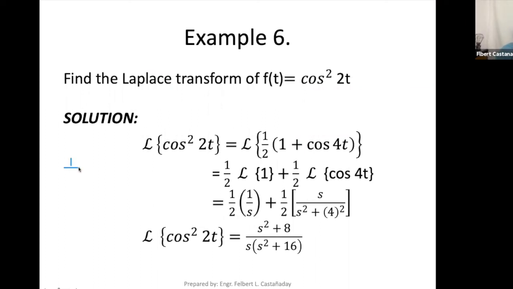So here, 1 over s plus s over s squared plus 4 squared, which is 16.